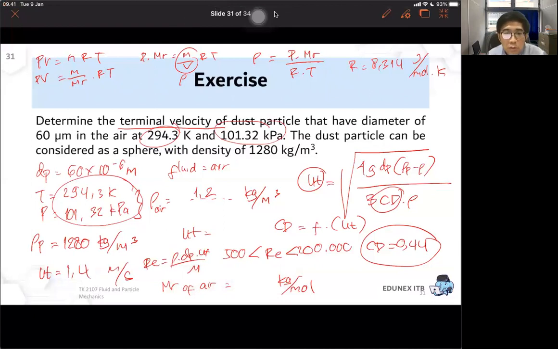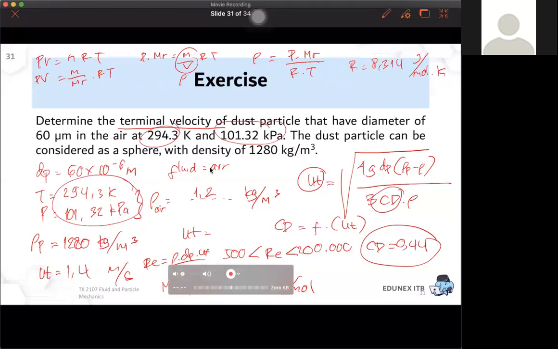Yeah, it's not given. Then you can use the viscosity of air at normal condition at room temperature because it's near room temperature. Search on Google, sir. Yeah, or you can use the text.